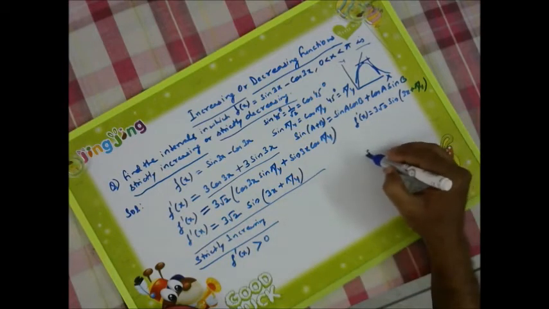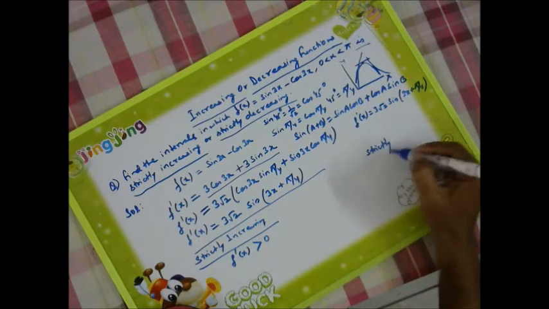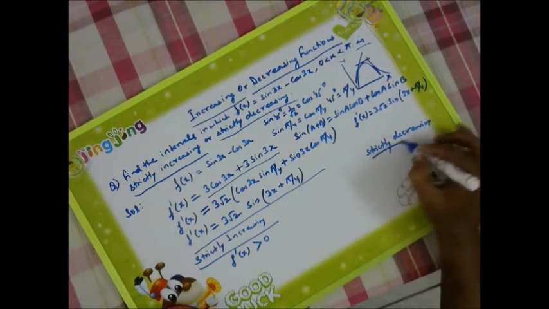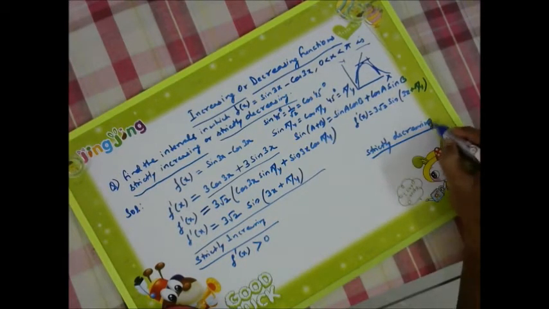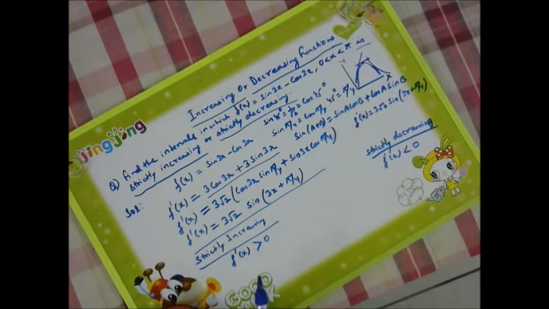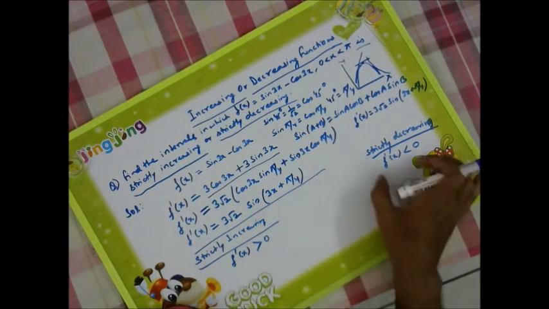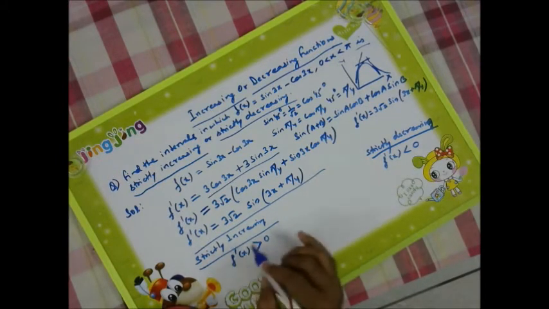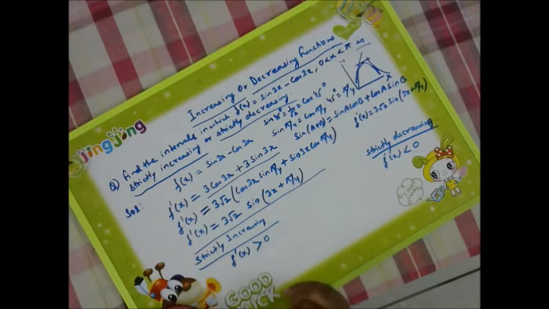If we want to find strictly decreasing, then f dash x should be less than 0. By utilizing this, we are going to find the interval now. So for strictly increasing, f dash x is greater than 0.